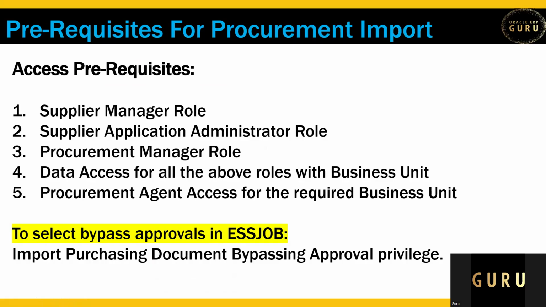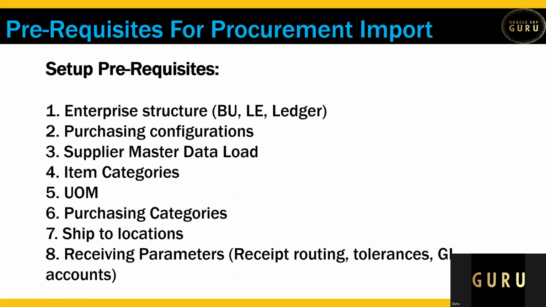One is access level, basically the privileges you need, which you should get before going into a conversion project. And the other one is setups. Before you start any conversions, there are certain setups you need to implement in your project so that it will not throw any error when you do the conversions.